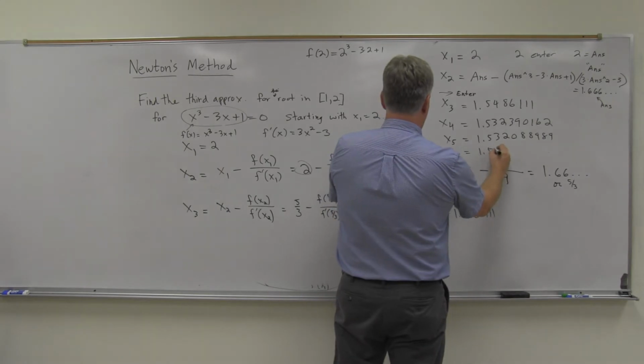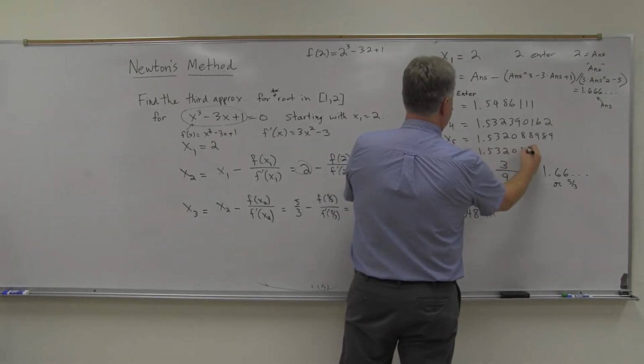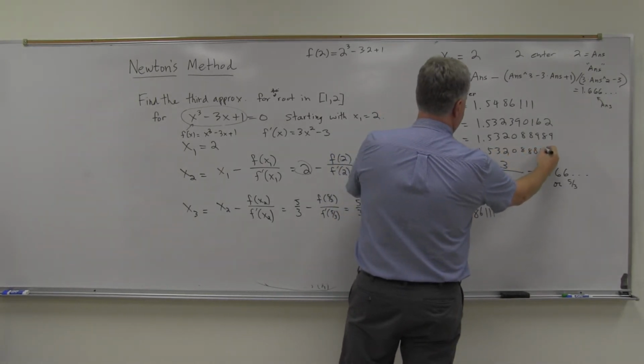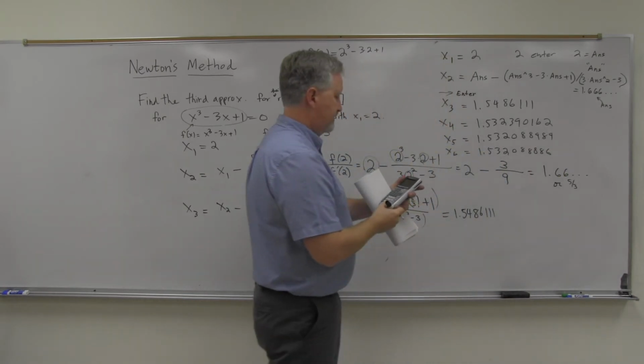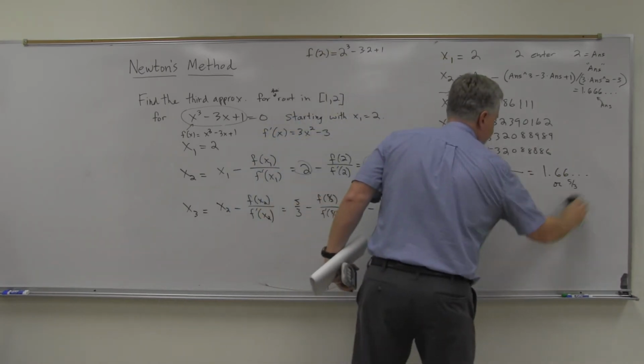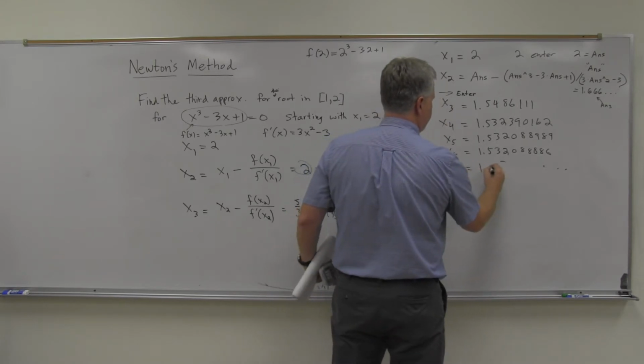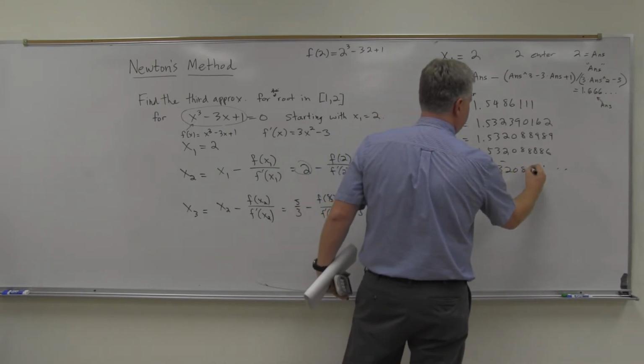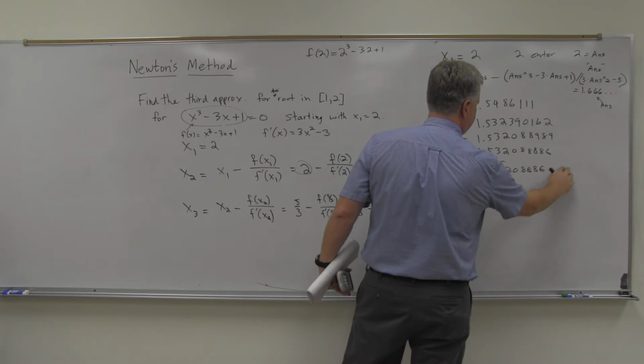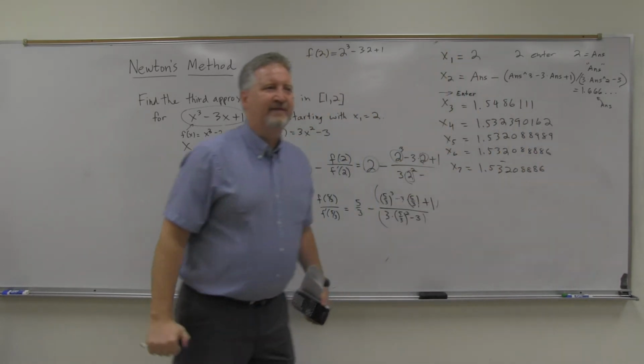I'm writing them all because notice if I keep doing this, x6 is 1.532088886, and then x7 is 1.532088886. The same exact thing.